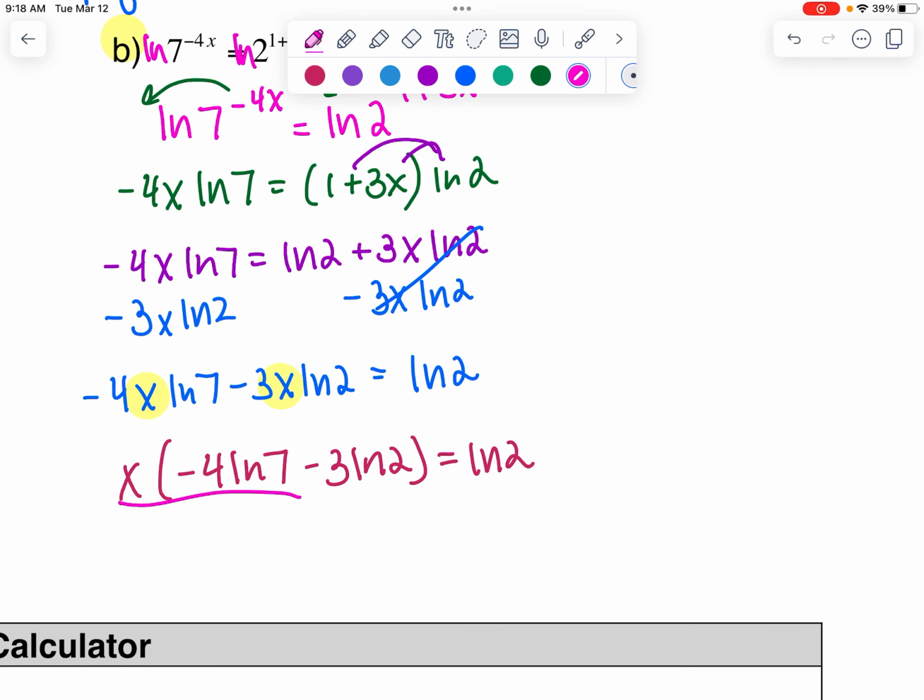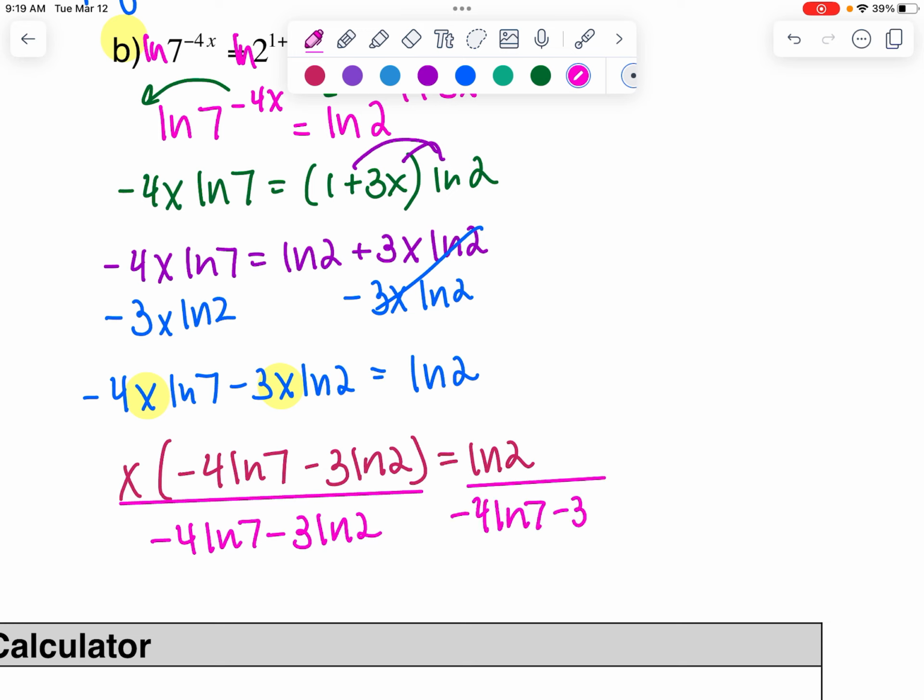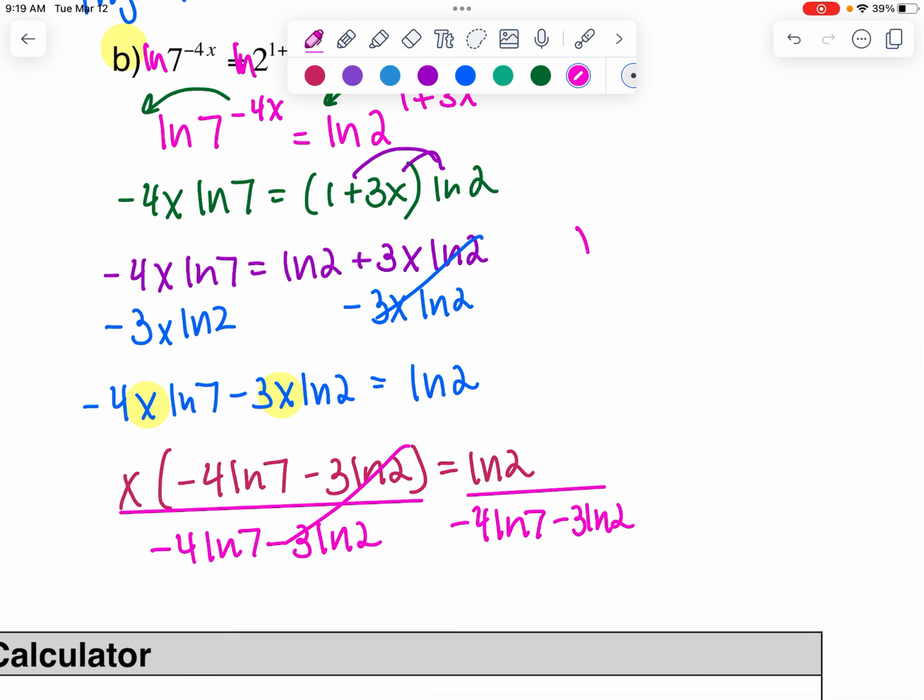And then divide both sides by negative 4 ln 7 minus 3 ln 2. So then we get x is equal to ln of 2 in my numerator, all over negative 4 ln 7 minus 3 ln 2. And yay, you did it again.